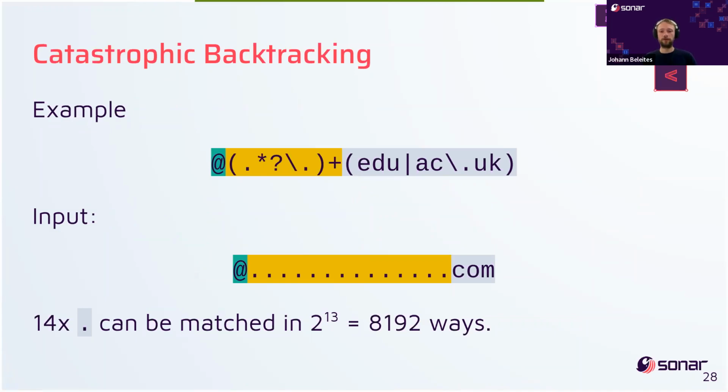So a total of 2 to the n-1, in this case 2 to the 13 different ways, which of course is an exponential amount. Now imagine every time the engine tries to generate a match, it takes, let's say, 30 to 40 steps, and voila, you're at over 200,000 steps.